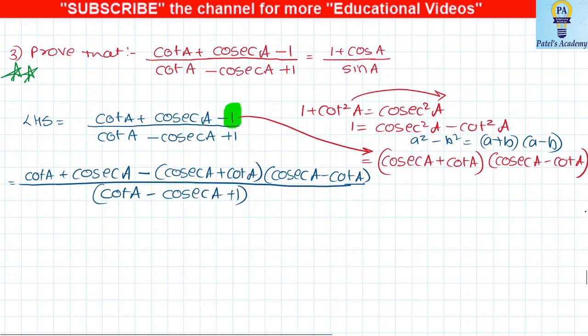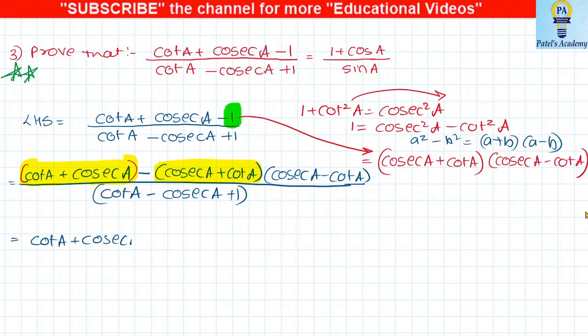Now in the numerator, I'm just going to put a bracket here, in red, so that in the next step, see this, cot A plus cosec A and cot A plus cosec A, or cosec A plus cot A. It is a plus sign, so it won't make much of a difference. This is the common bracket. So see what I'm writing in the next step. Cot A plus cosec A common. So when I take everything common, what is left? 1.